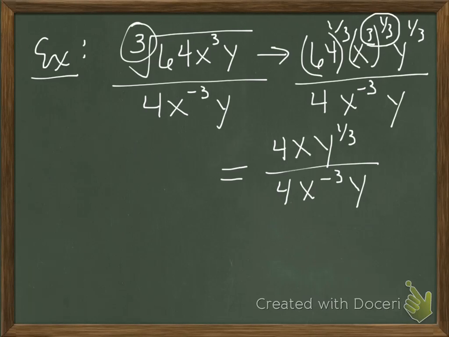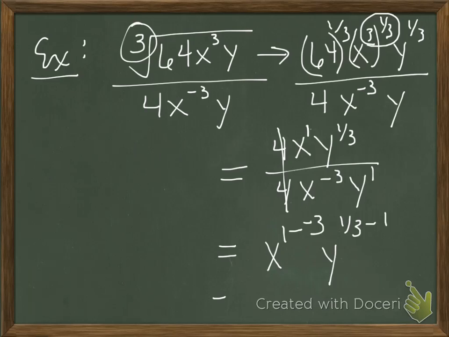I'm rewriting my denominator exactly the same because I haven't changed it yet. Now I'm going to look for things that will simplify, and you can see these 4's are going to cancel each other out. With the x's, this is x to the 1st power minus x to the -3rd power, so I subtract 1 minus -3, and for y it's going to be 1/3 minus 1, because the y in the denominator is to the 1st power.